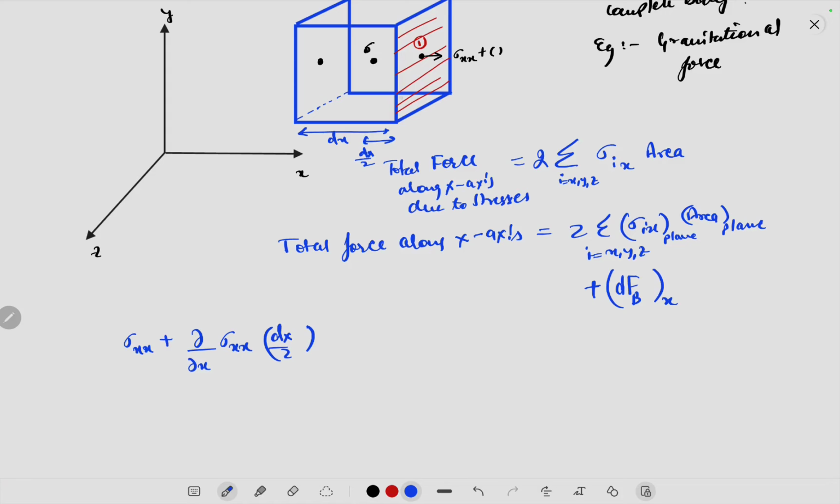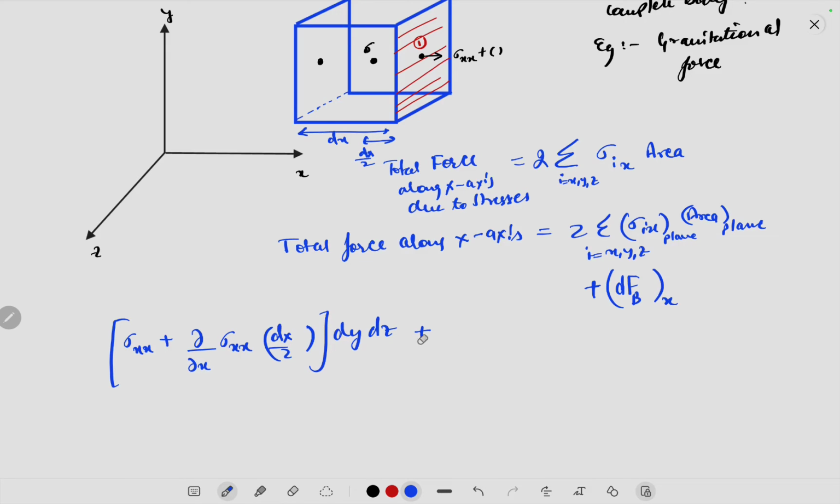So what is the area of this? The area will be dy dz. Okay, so this will be the force on one along x-axis only because of the stresses.